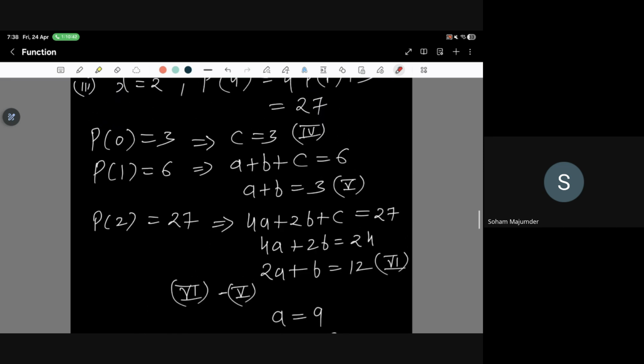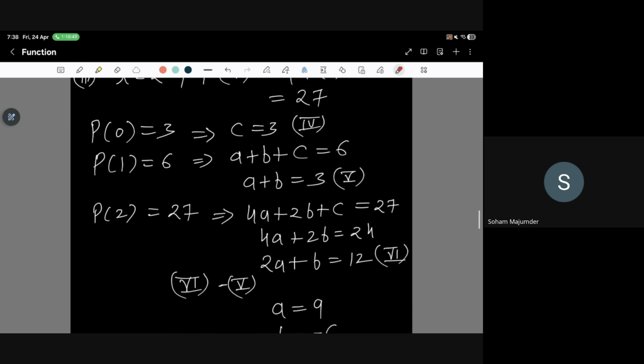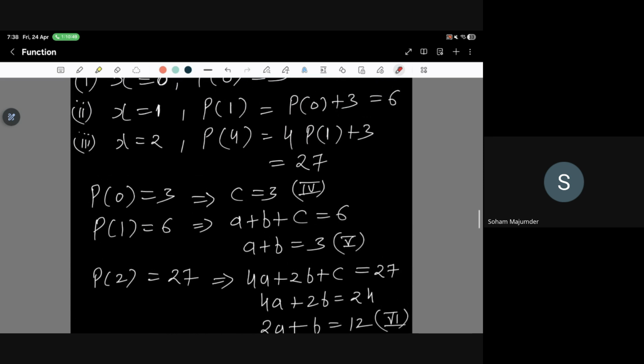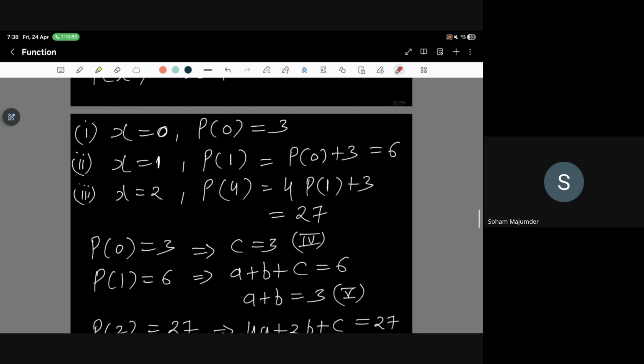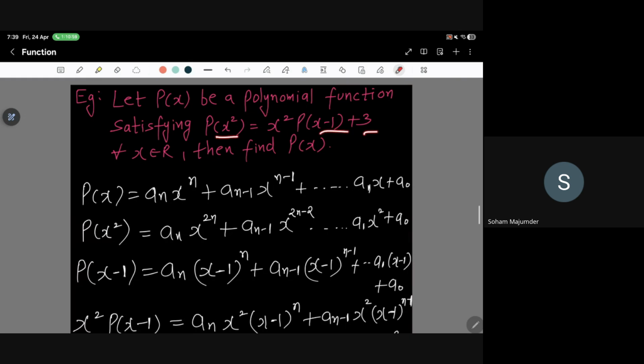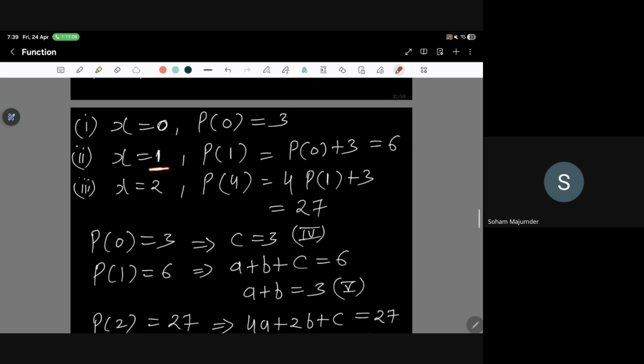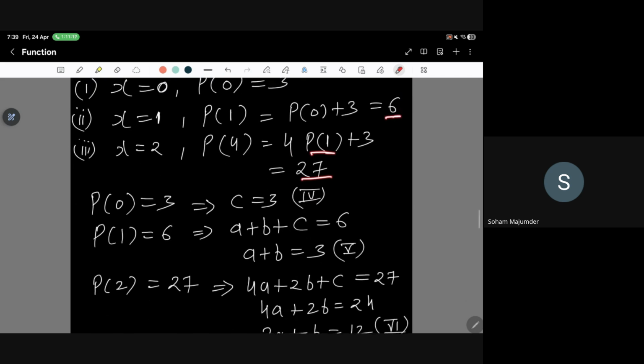Just checking if we made any calculation mistake. P of 0 will be 3, so c will be 3. X equals 1, 6; x equals 2, so x square will be 4, p of 1 is 6, 27.